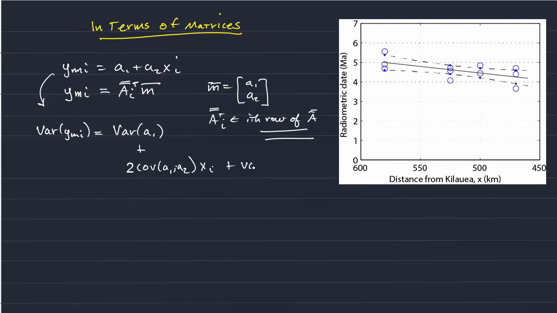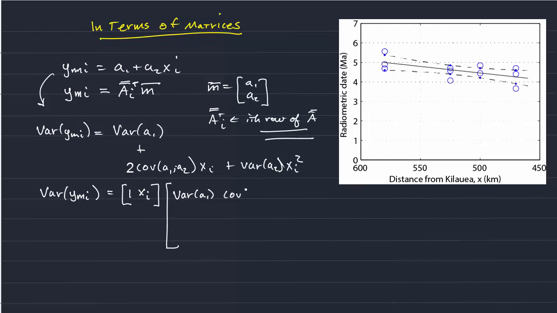And then the last term is the variance of a2 times xi squared. And we can write that in matrix form using the matrices that I just defined. Like that.